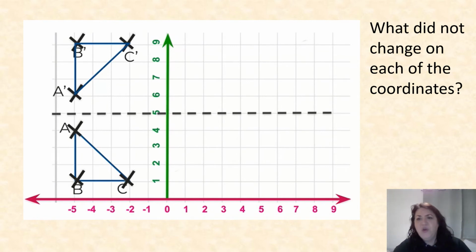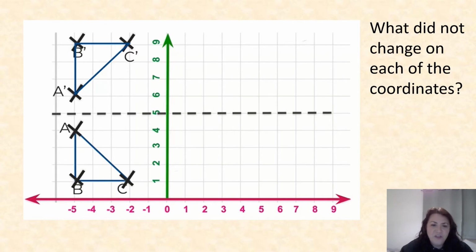Okay, we want to know what didn't change on each of these coordinates. Now, do you remember when we had the vertical line of symmetry, the vertical mirror line, the y-axis didn't change. So can you predict on a horizontal axis what's not going to change? Do you think it's the x-axis? Let's have a look.